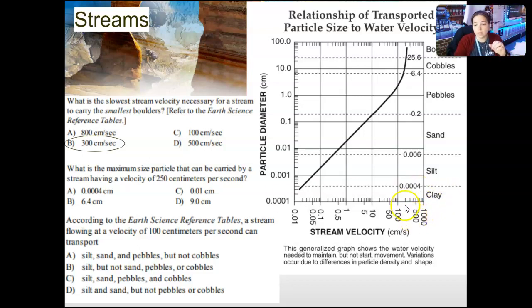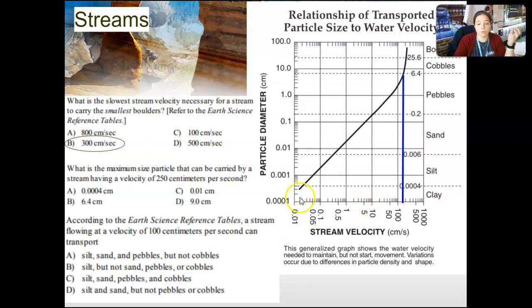All right, what is the maximum size particle that can be carried by a 250 centimeter per second stream velocity? So this is 100, this is 200, that's 300. So right in the middle. It's going to be roughly about 6.4, it looks. It's not 0.0004. That would be way off over here. 0.001 would be right in here somewhere. 0.9 or 9 would be right here.